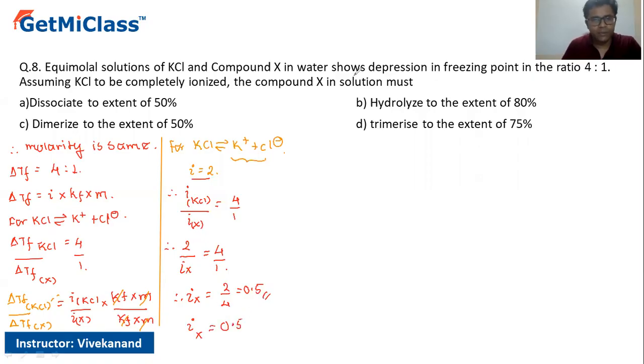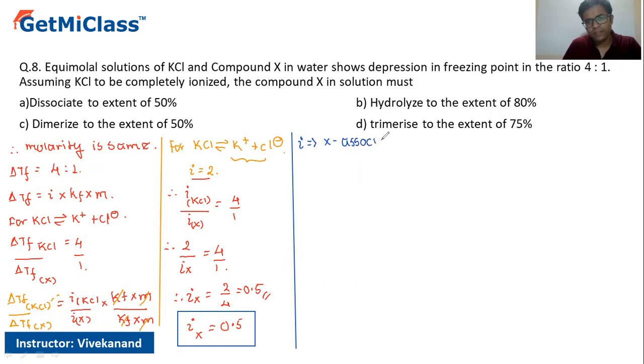Now, what does this point mean to us? This point says that the compound X is undergoing association. That is the important factor. According to this value of i, the compound X undergoes association. So when it undergoes association, 3 molecules of X associate to form X3. So the total number of ions is going to be 3.